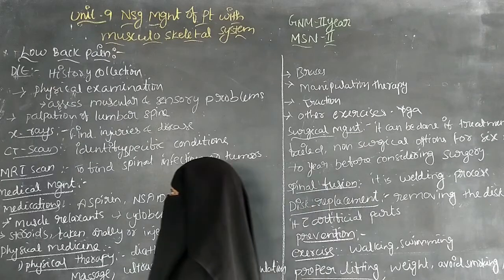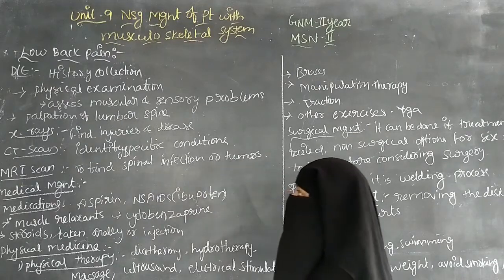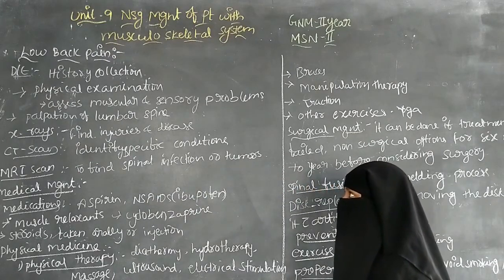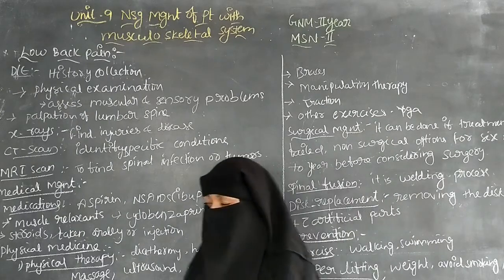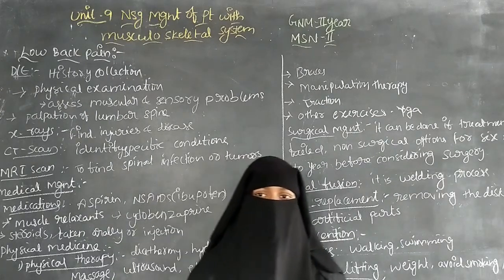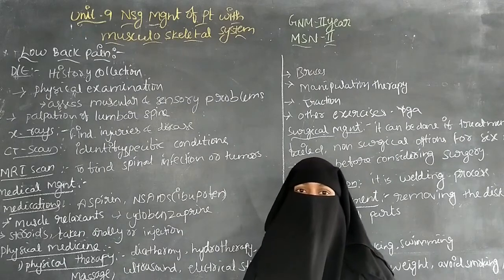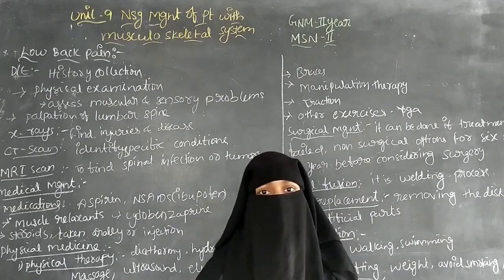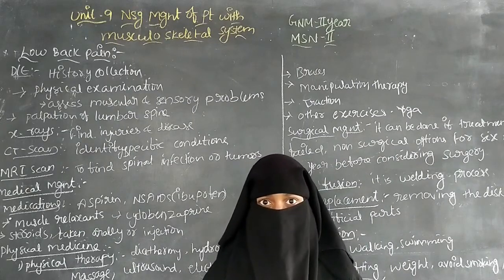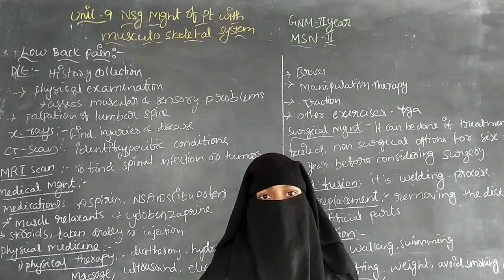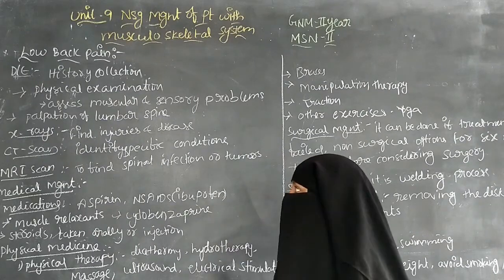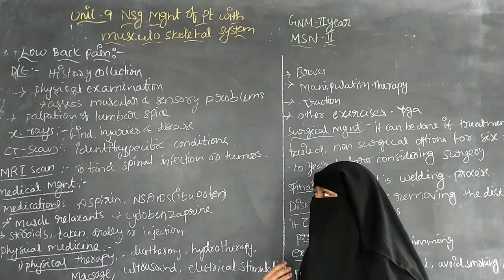Next one is X-ray. X-ray can be used to find any injuries or diseases. Why will the patient have low back pain? Because of an injury, or it can occur on its own, so the nurse has to collect the history.